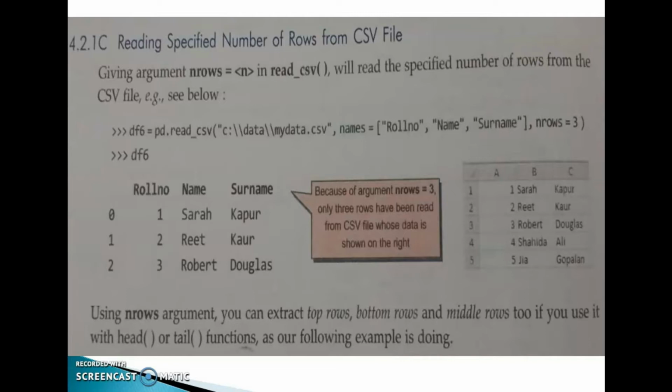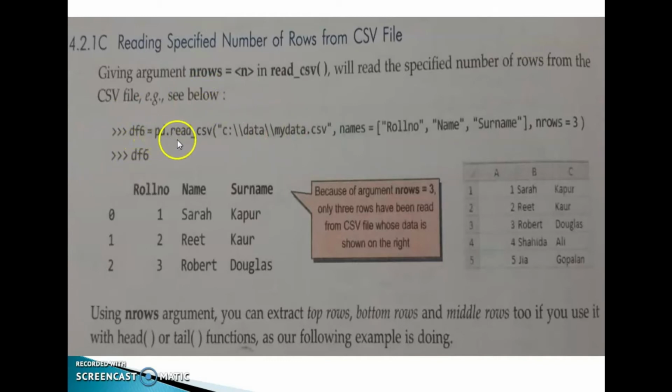For that we can use the nrows argument, that is equal to the number of rows we want, in the read_csv function. We can specify the number of rows from a CSV file, nrows equal to number of rows. Okay, clear? Check this example.